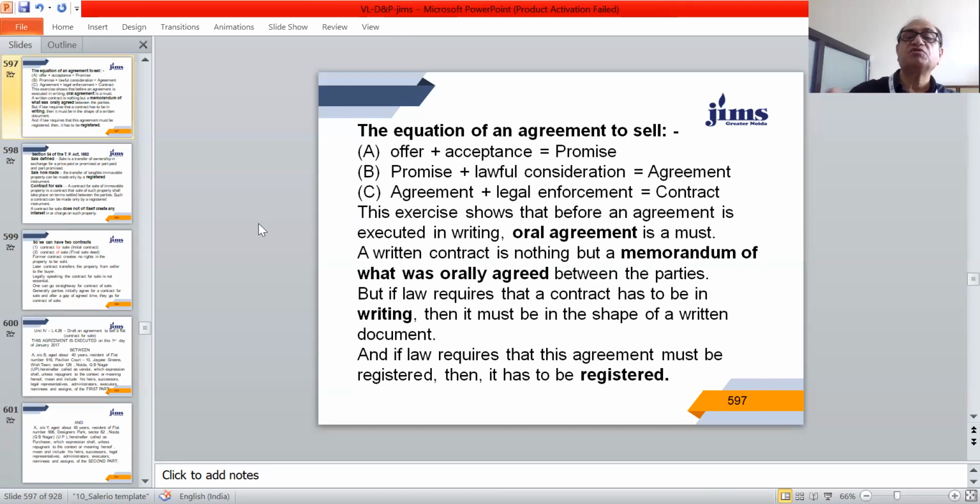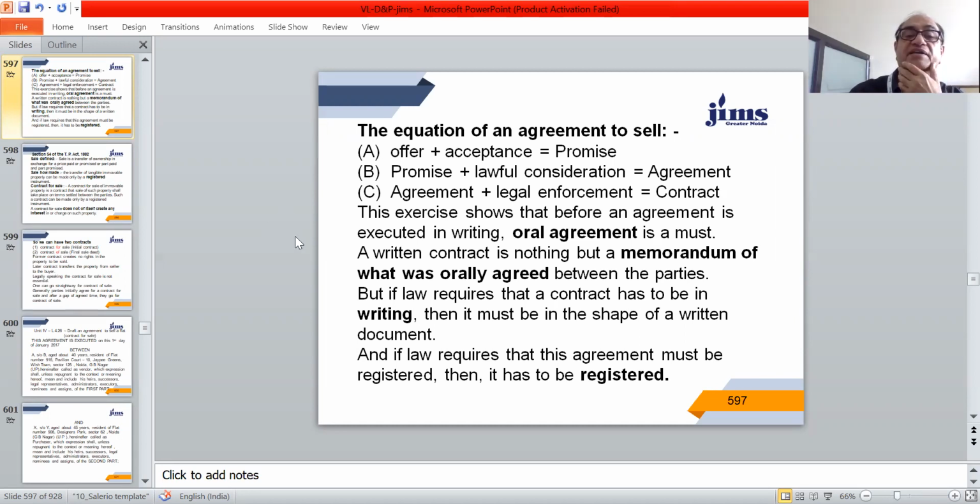So the equation, when you purchase or sell, you make an agreement to sell the flat or immovable property. The equation comes out like this: one party gives the offer plus the other side accepts it, so it becomes a promise. And when a promise is coupled with lawful consideration, say of 1 crore rupees, it makes an agreement. And an agreement, when it is legally enforceable, makes a valid contract.